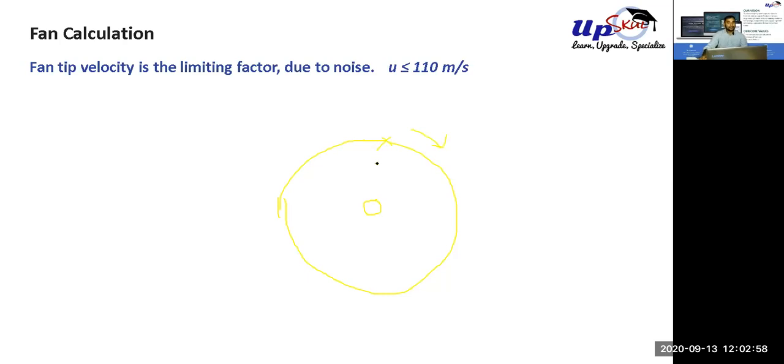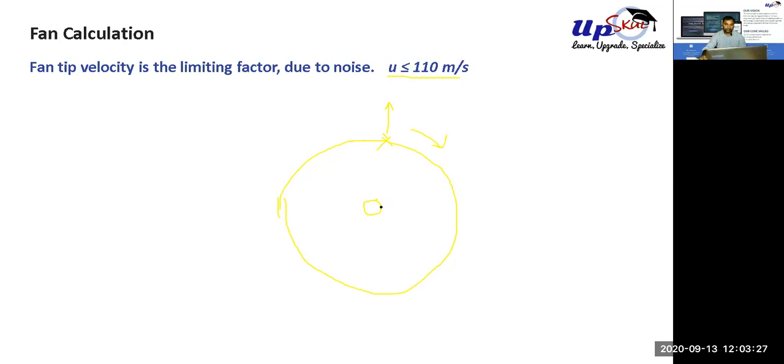There is a limit on how fast this tip can be, due to noise. If the tip velocity is higher than 110 meters per second, then the noise will be noticeable, and nobody likes a car which makes strange noise. So we have to keep the tip velocity under 110 meters per second.